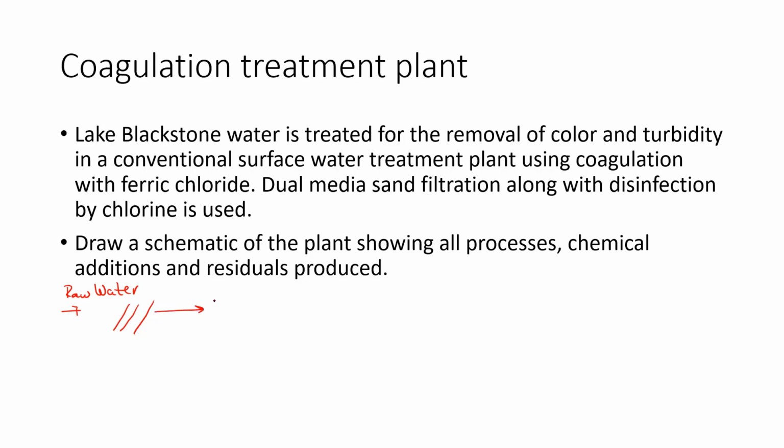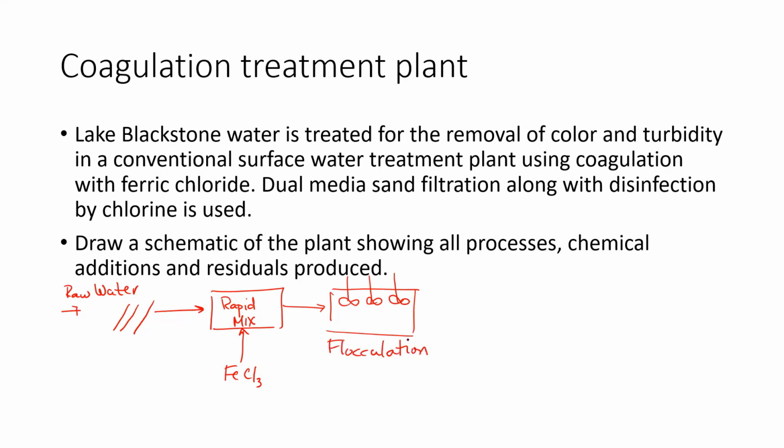So we have screens. We then go to rapid mix, which is where we would add the ferric chloride. We add our coagulant. We then allow the water to flow into a flocculation basin.